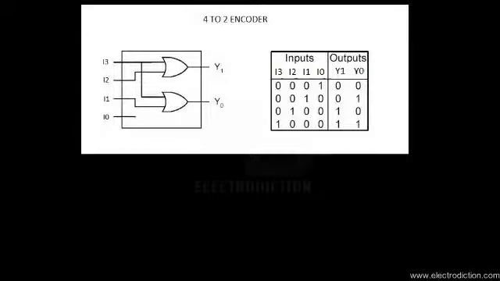Due to that reason, the engineers thought of making microchips instead, within which the entire circuit of the encoder would be made. There are various types of encoders, like the 74154 encoder, and several others. I don't remember all the names right now.